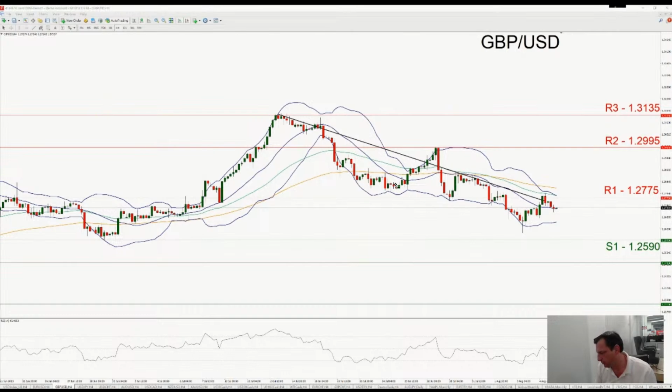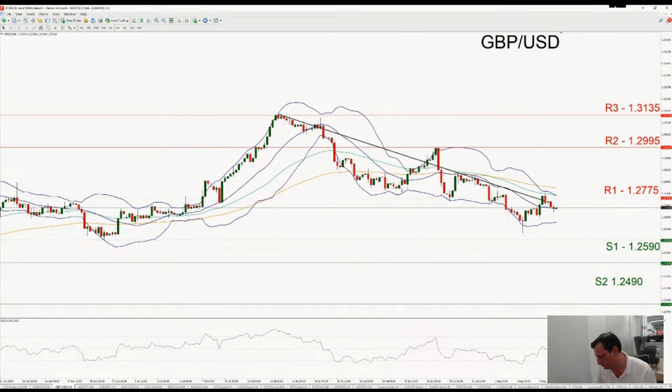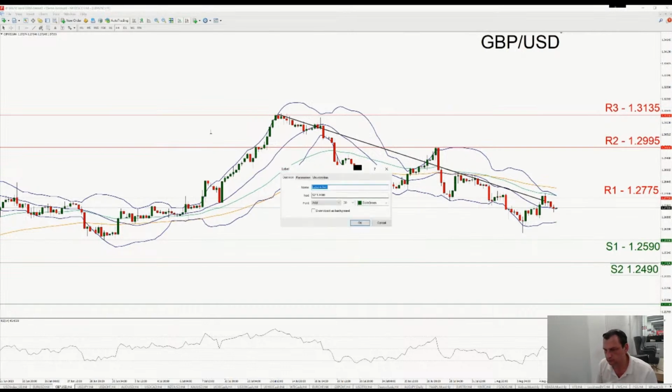Second support line at 1.2490. And final support line at 1.2310.